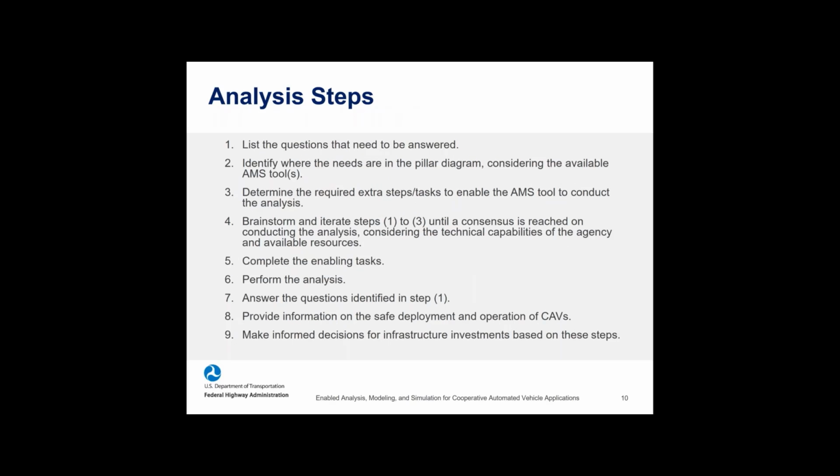So here are the analysis steps. Here is the framework. You're going to list the questions that need to be answered. You're going to identify where the needs are in the pillar diagram, considering the available tool. In this case, what we're using later is Vissim. Then determine the required extra steps and tasks to enable the AMS tool to conduct the analysis.